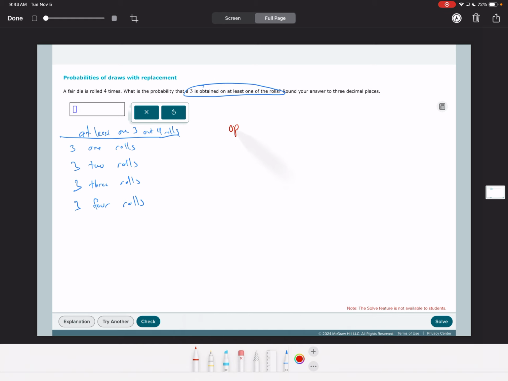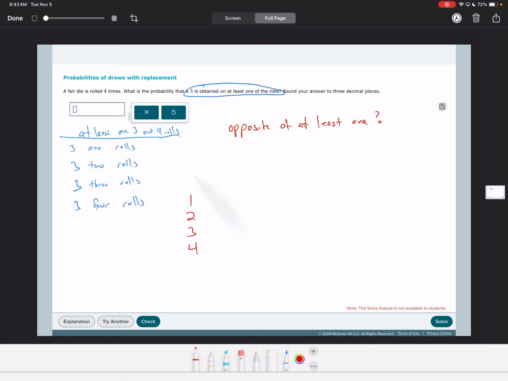What is the opposite of at least 1? If I have a 3 on one roll, a 3 on 2 of the rolls, a 3 on 3 of the rolls, a 3 on 4 of the rolls, what's the only other option I could have? Any guesses?